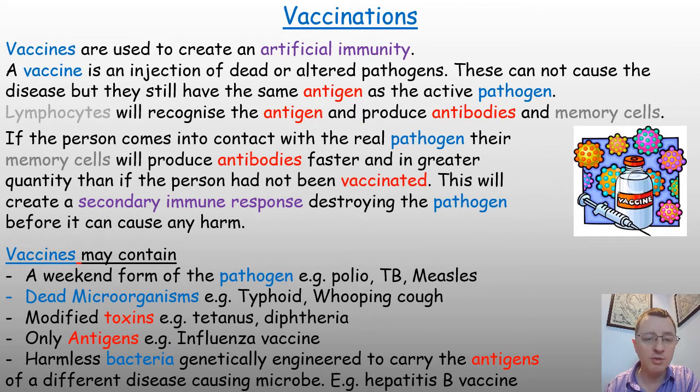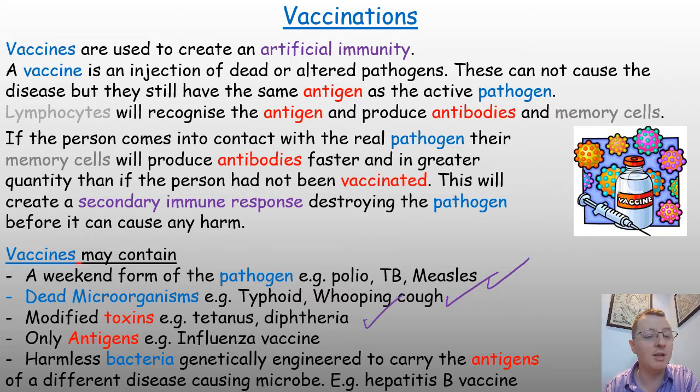So what different styles of vaccines are there? Well, the vaccine you receive may contain a weakened form of the pathogen, for example the polio, tuberculosis or measles vaccines. The vaccine may contain a dead microorganism, for example the vaccines to typhoid or whooping cough. The vaccine may contain a modified toxin, for example the tetanus or the diphtheria vaccines.